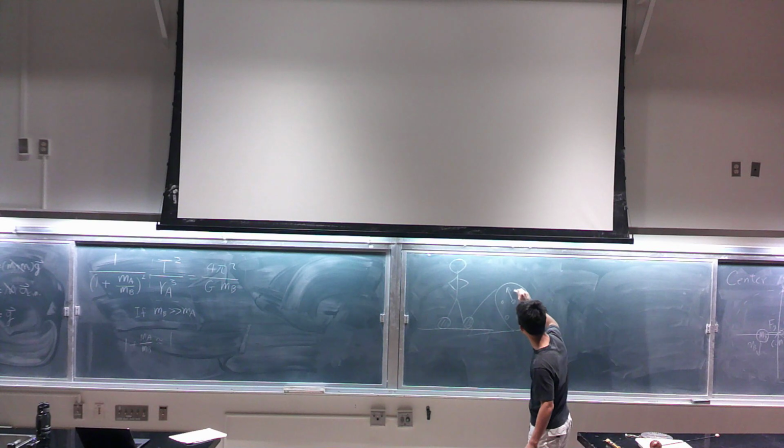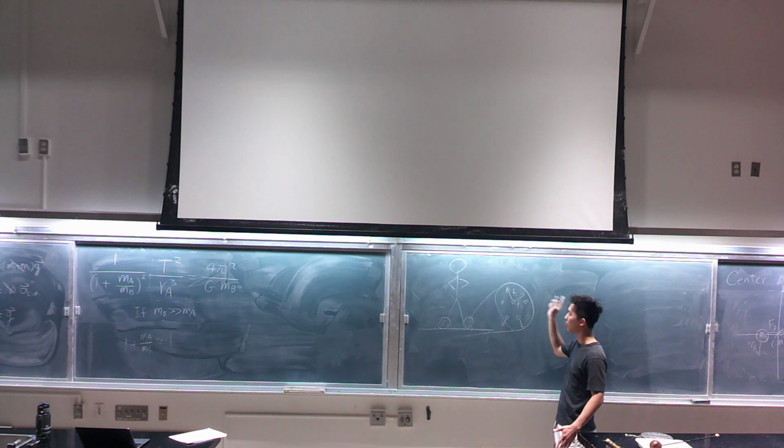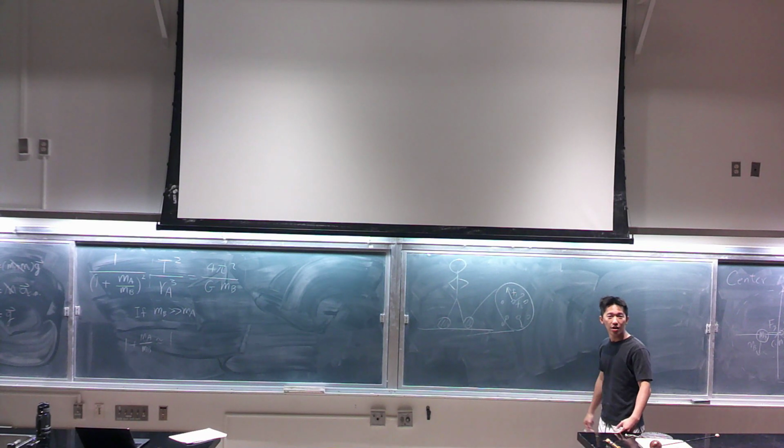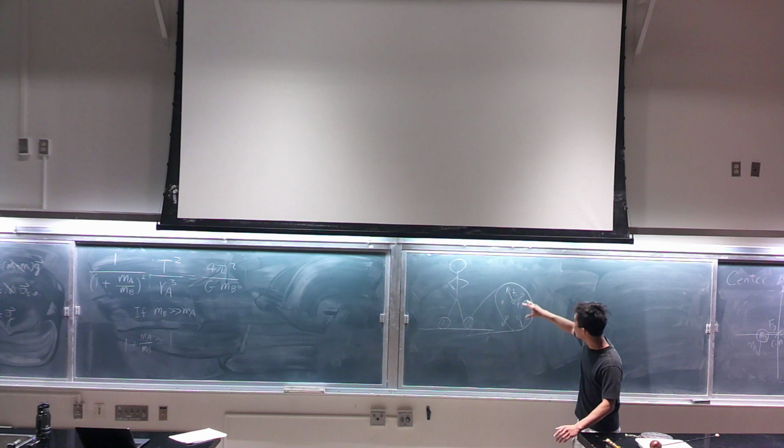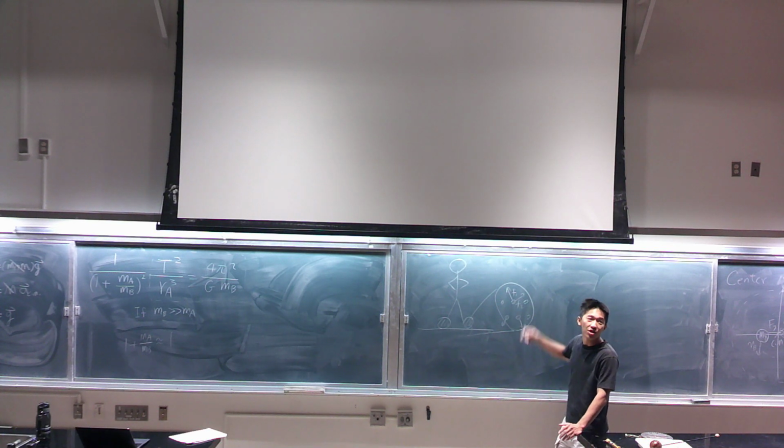There's going to be some F1 from this guy, some F2 from that guy, a bunch of forces. We don't really know the nature of these forces. These are not gravity. I don't know what that formula is. It's something other than gravity. So we don't really know how to compute just a single one of them, not to mention adding them up.